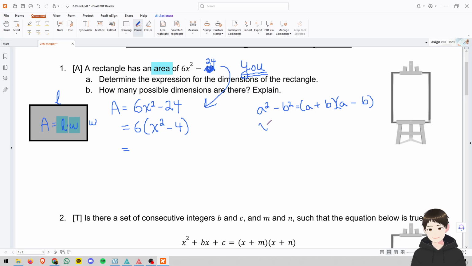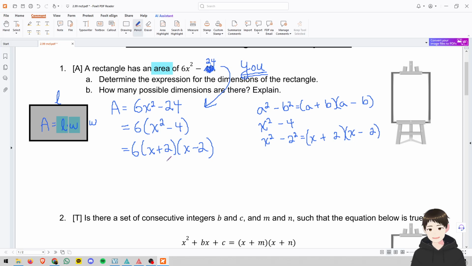So x squared minus 4 is like x squared minus 2 squared. So what does that turn into? This is going to turn into x plus 2 and x minus 2. That's it.